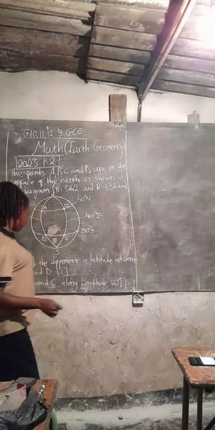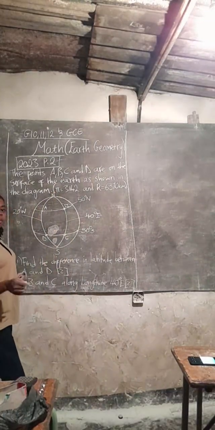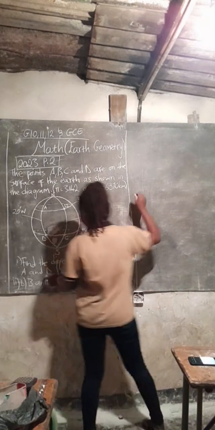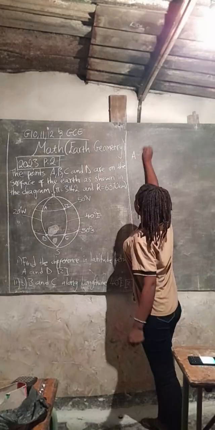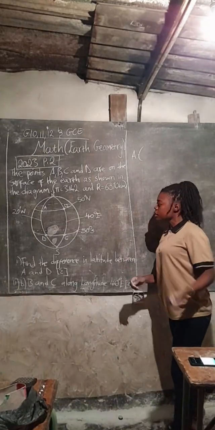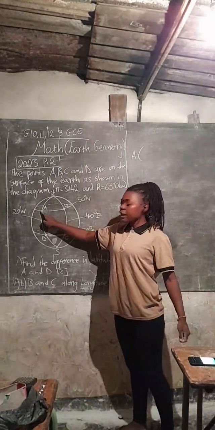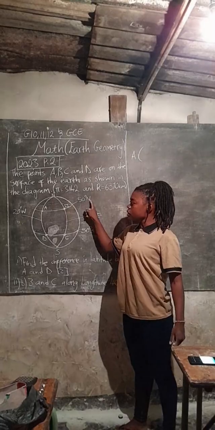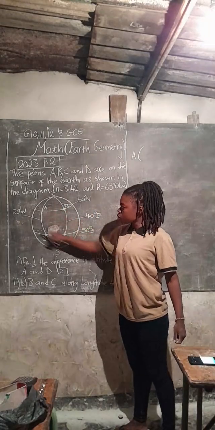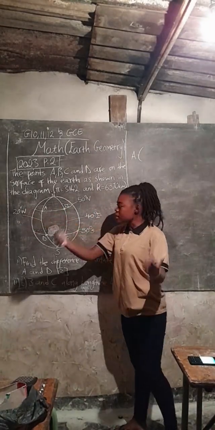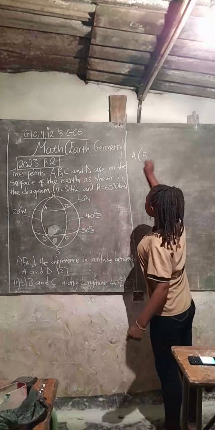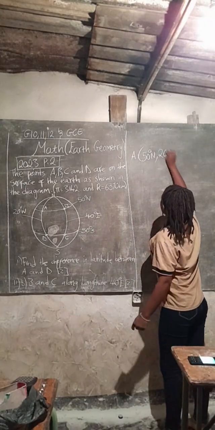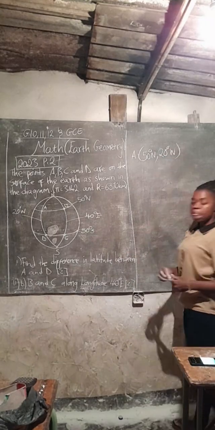Here we're finding A and D. Point A is on latitude 50 degrees north and longitude 20 degrees west, so A is (50 degrees north, 20 degrees west).